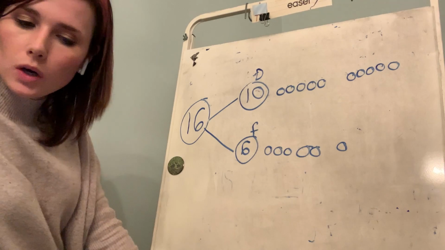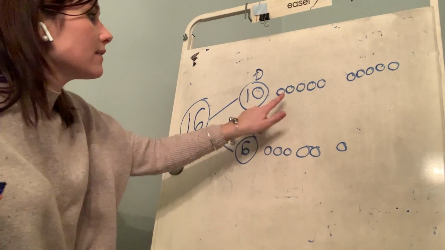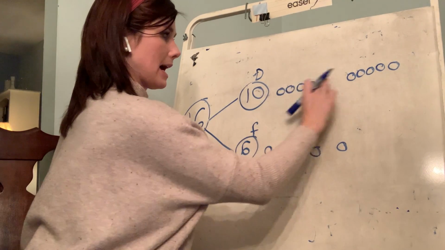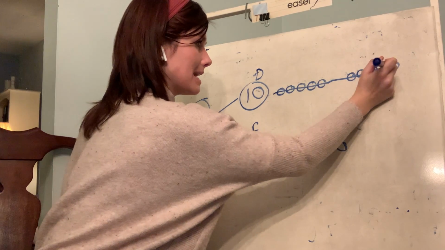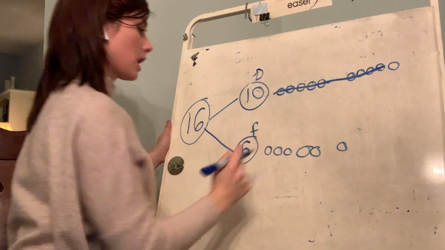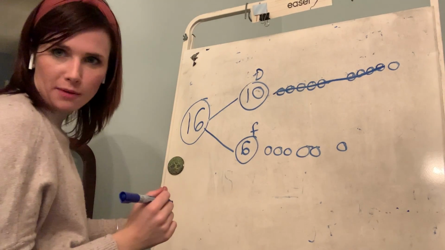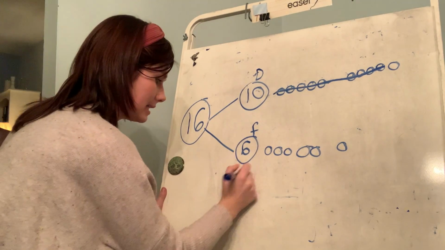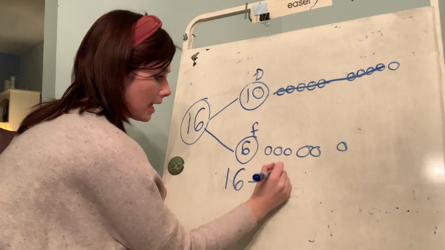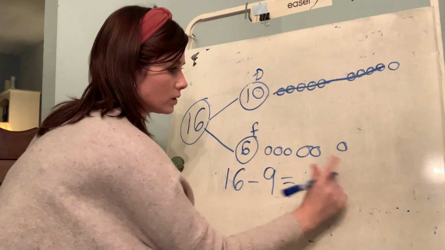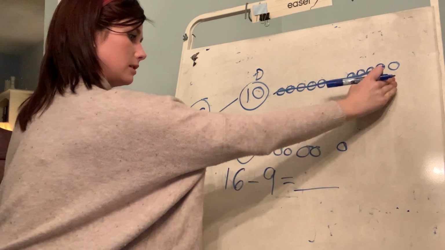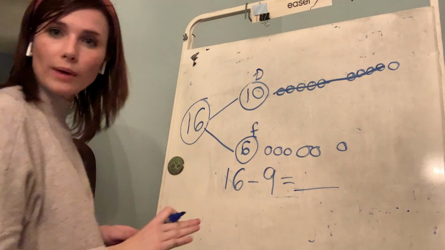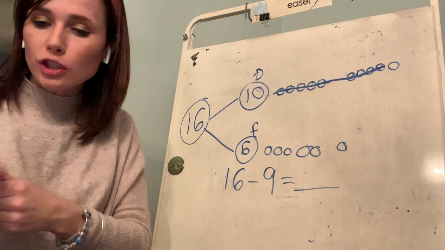A student took 9 of the dinosaur books, so you're going to have to cross off 9 of the dinosaur books. 1, 2, 3, 4, 5, 6, 7, 8, 9. So then, what is our number sentence? 16 take away 9 equals that mystery number, which would be counting the circles left. I'll leave that for you to do.